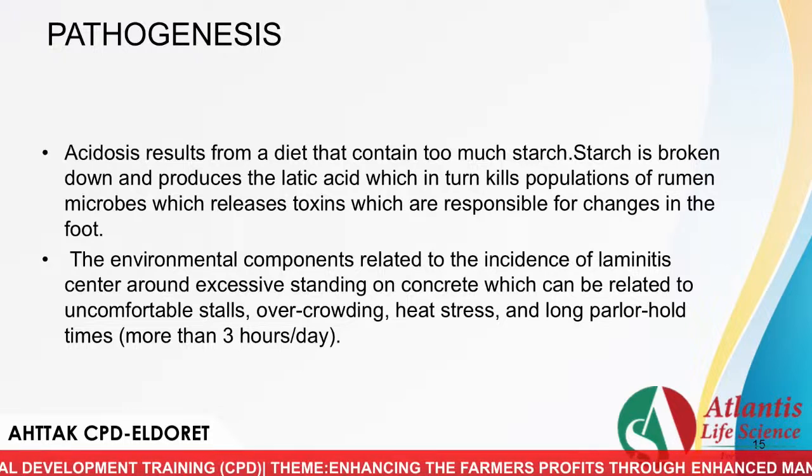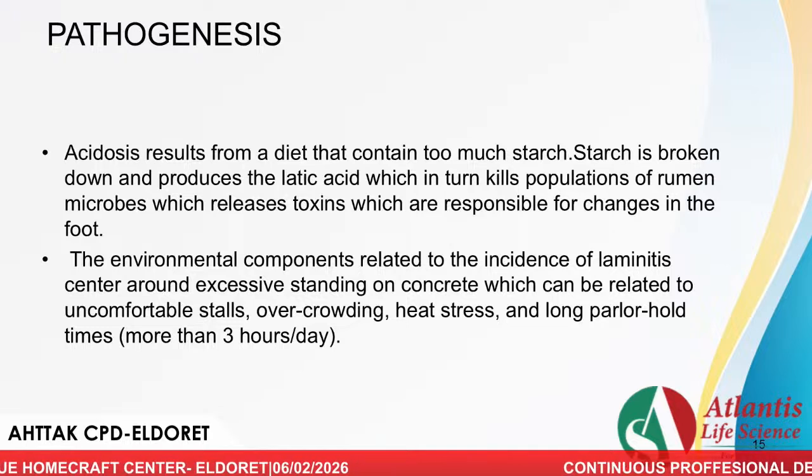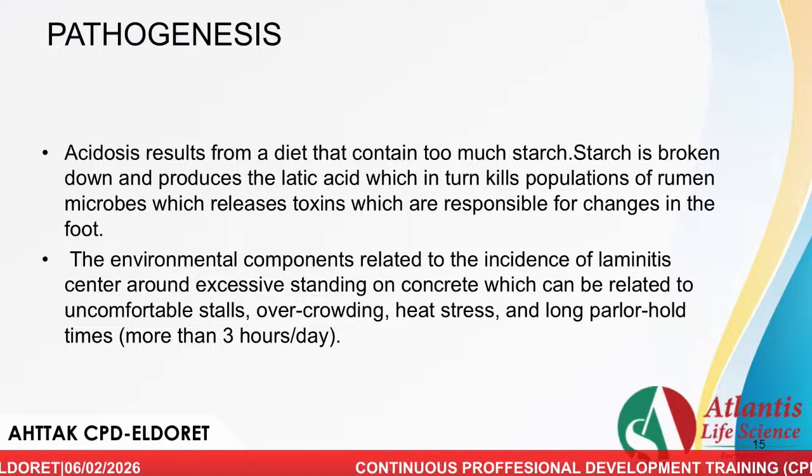The lactic acid in the rumen will therefore kill the population of rumen microbes. These microbes, when they are killed, produce toxins which are responsible for the changes in the corium or the coronary band of the hoof.